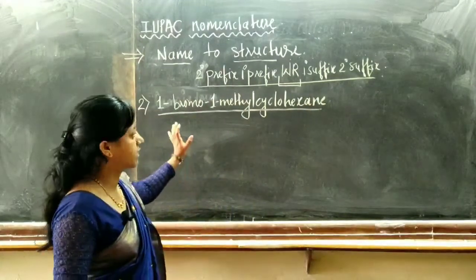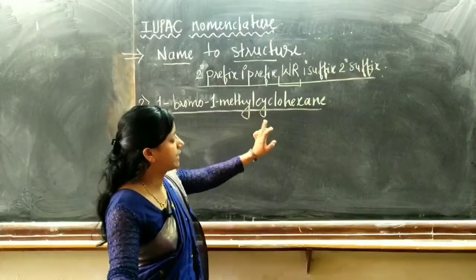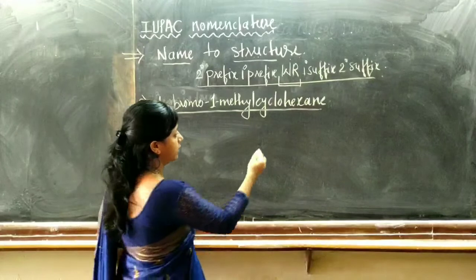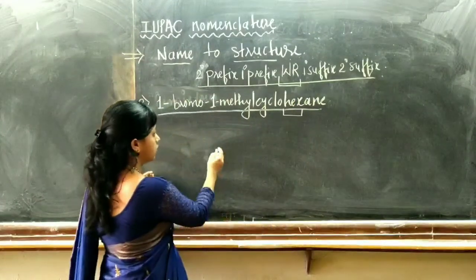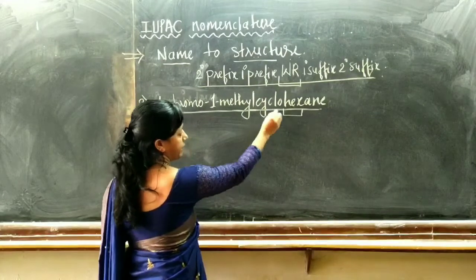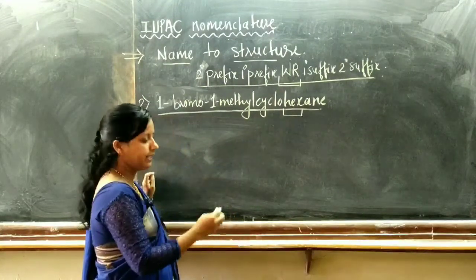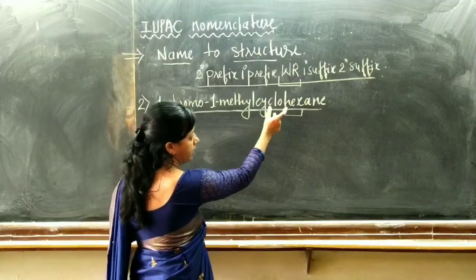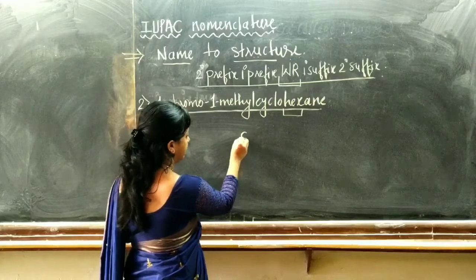This is our second example, 1-bromo 1-methyl cyclohexane. Here the word root is hexane, but it has a primary prefix cyclo, meaning it is a cyclic compound, so we have to write 6 carbons in a cyclic ring.